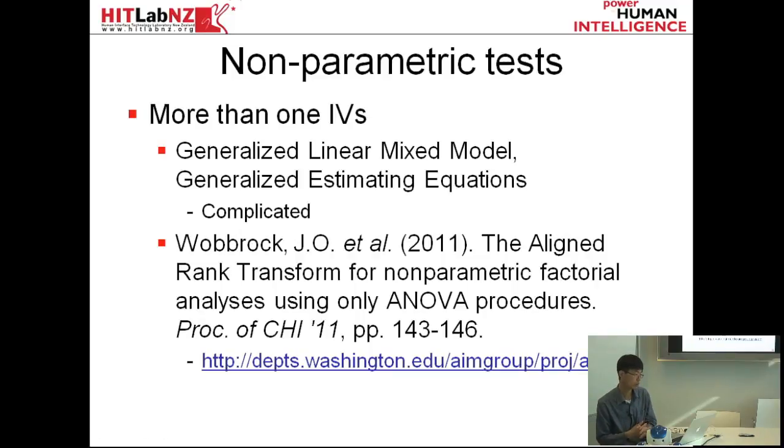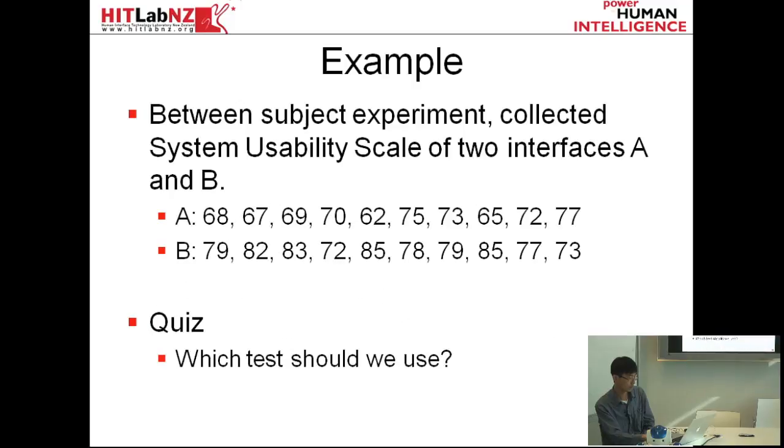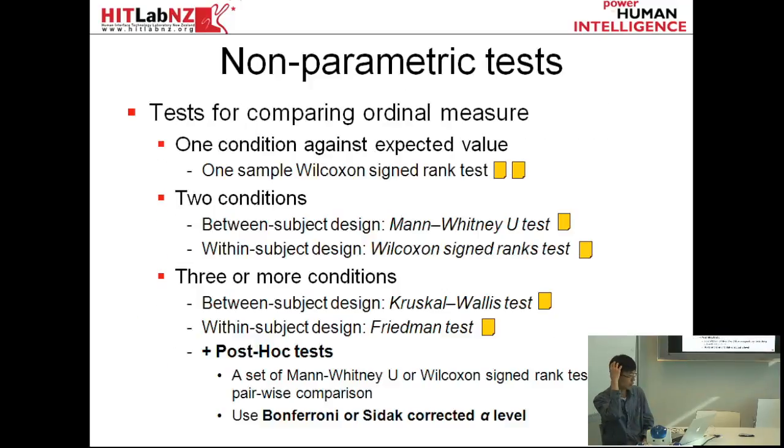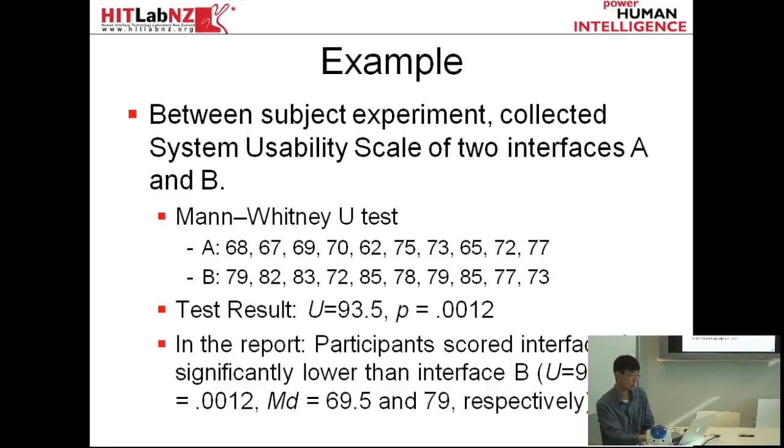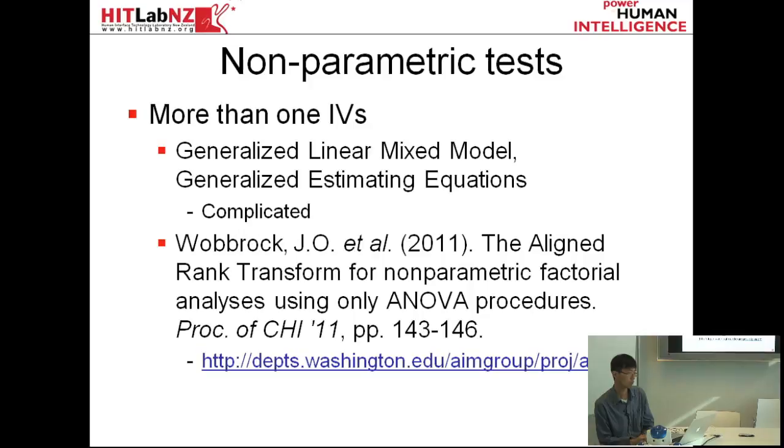So, and for the previous slide, all we had here was assuming there is only one independent variable. But what if you have more than one independent variable? And the problem with non-parametric tests is, it's not actually a problem, but many of the statistics packages don't support factorial analysis of non-parametric variables.